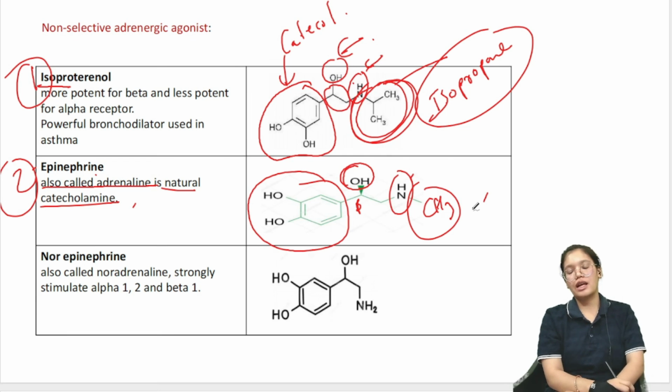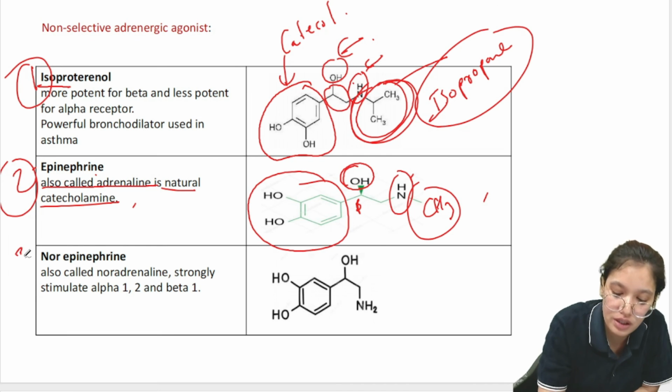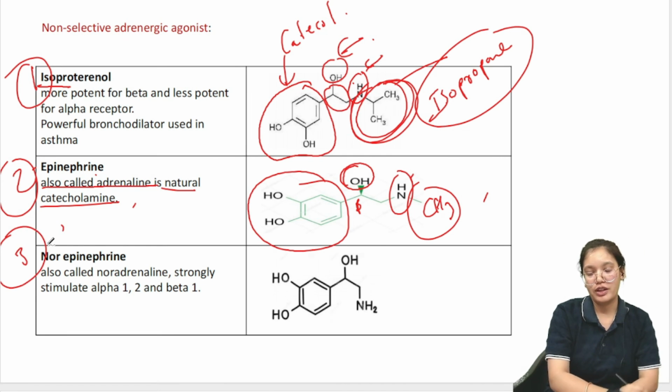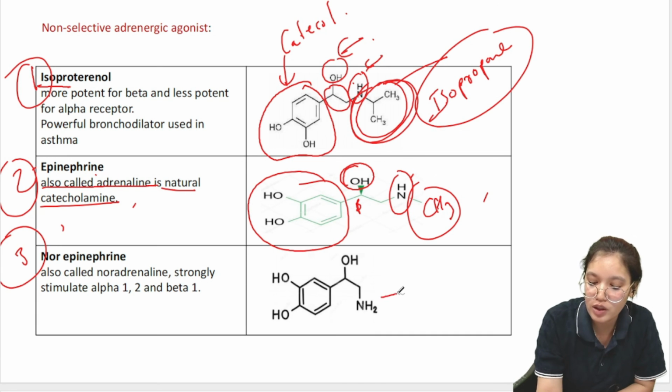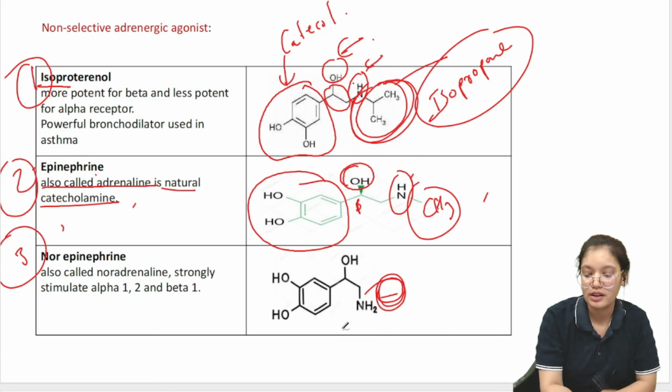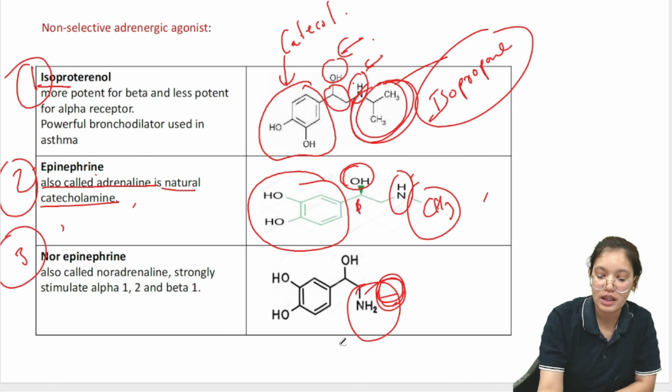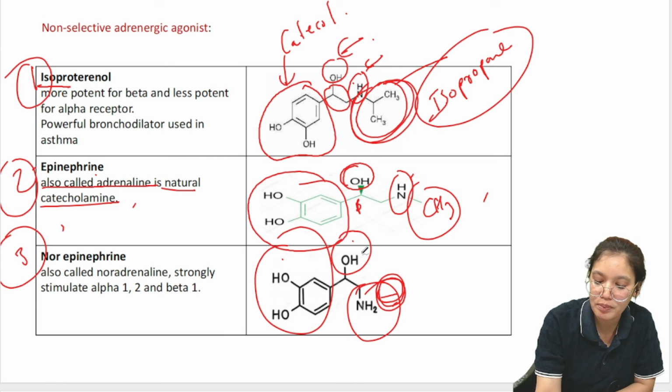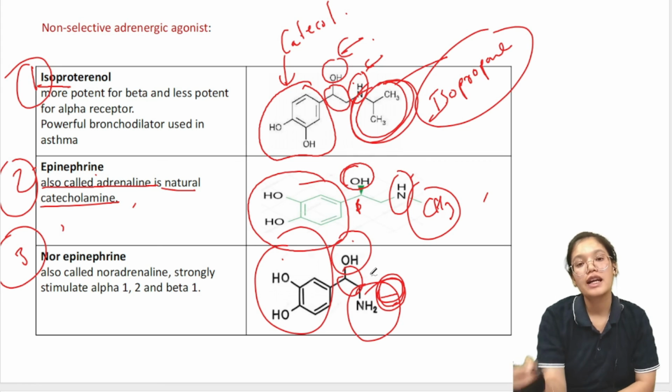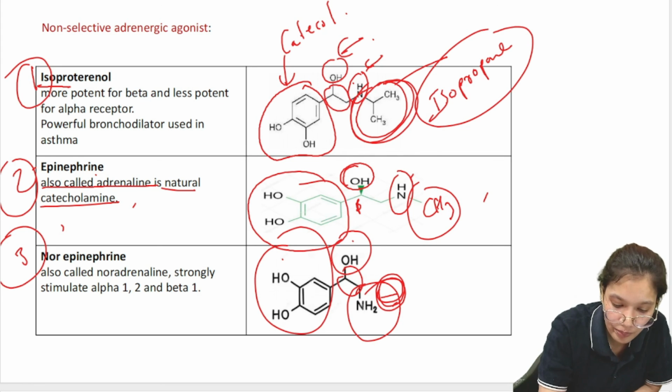So this is epinephrine, a very simple structure. Now third, norepinephrine. In norepinephrine we just have one difference: we don't have CH3 here, we have NH2. The rest is the same. We have a catechol ring, a beta hydroxy group, and an ethylene chain.